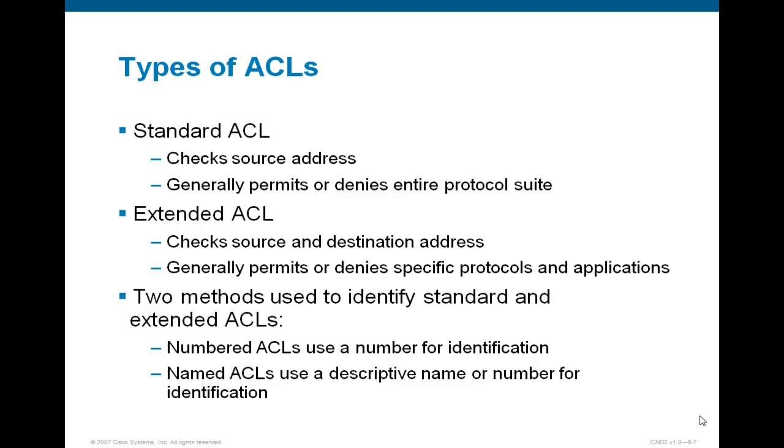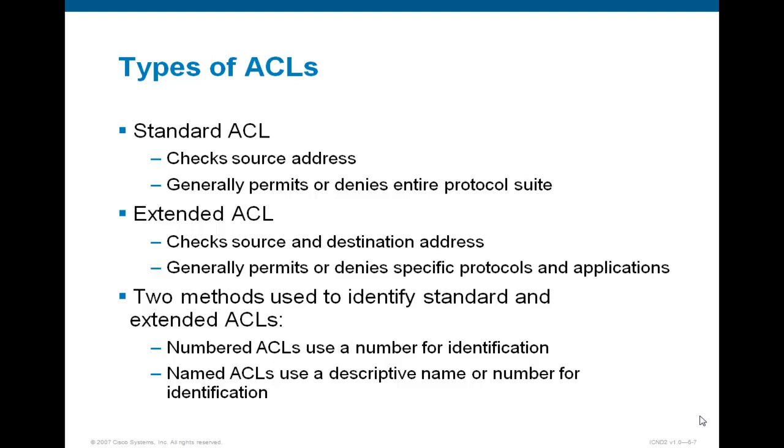The extended access list has a more granular check on source IP addresses as well as destination addresses. Besides that, it also checks based on other protocol specifications, for example port numbers and IP protocol applications. These two methods are used to define the filtering policies.